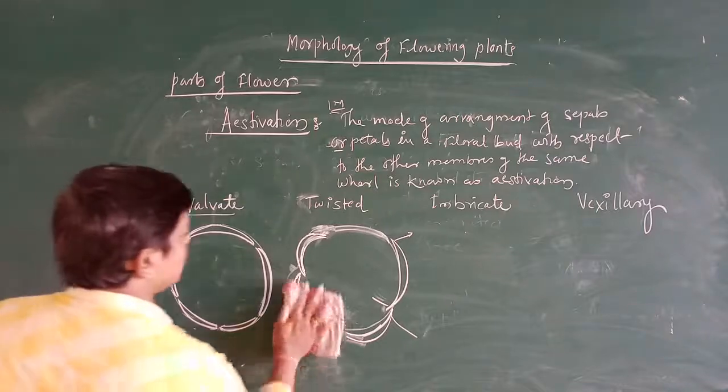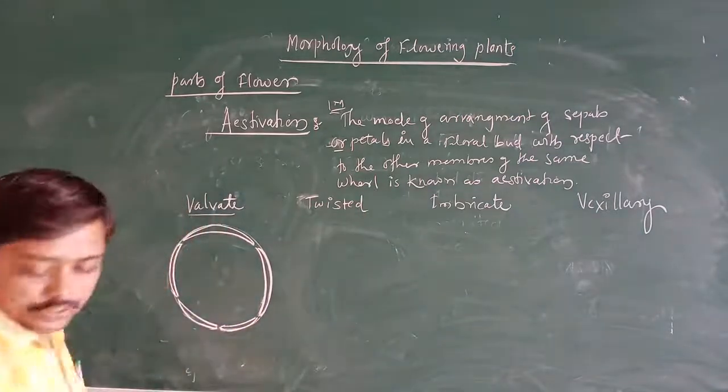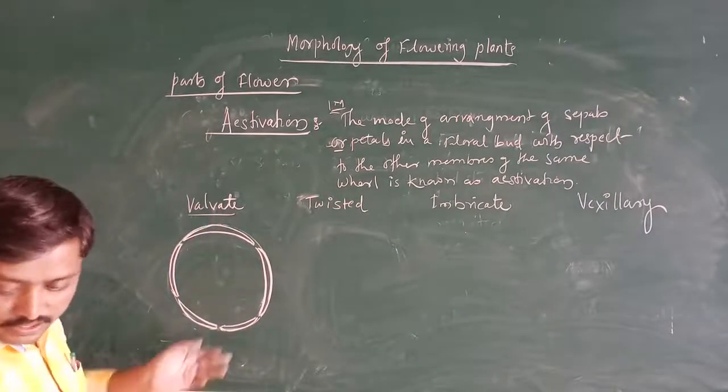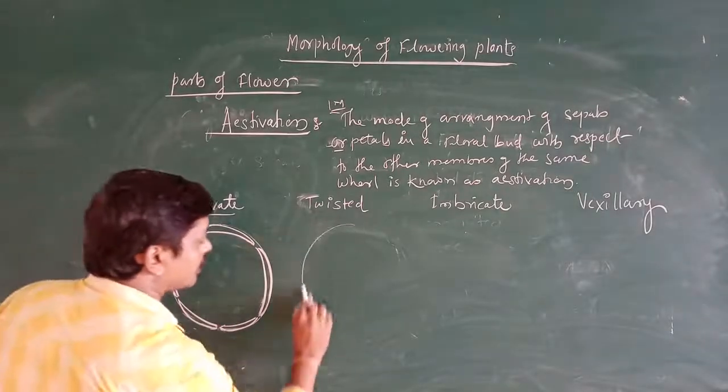I should draw once again. This is twisted aestivation. In twisted aestivation, one margin is overlapping the other.